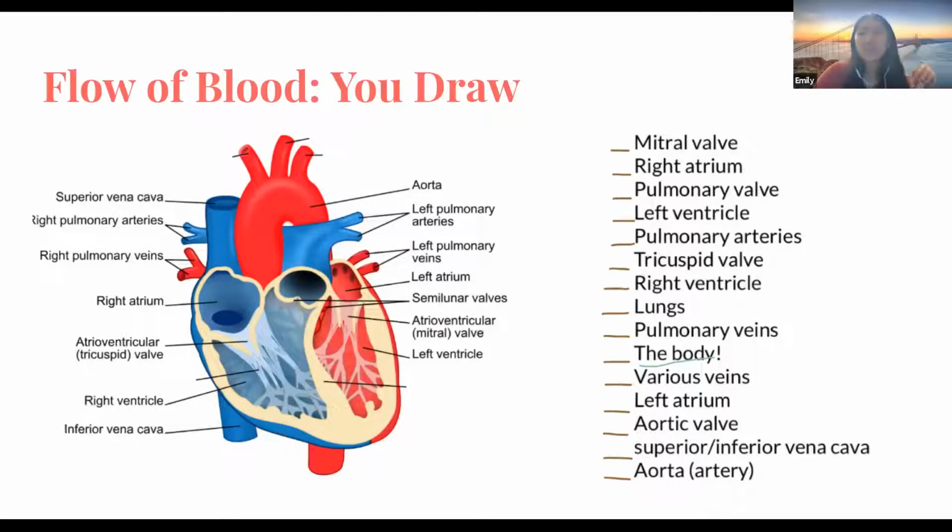Before we do this activity, I'd like to tell you about the difference between arteries and veins. It's a common misconception that arteries all carry oxygenated blood and veins all carry deoxygenated blood, because we always see arteries shown as red and veins shown as blue. But the actual definition of an artery is that it moves away from the heart. The pulmonary arteries, for example, move away from the heart, so they are considered arteries, but they're not carrying oxygenated blood.